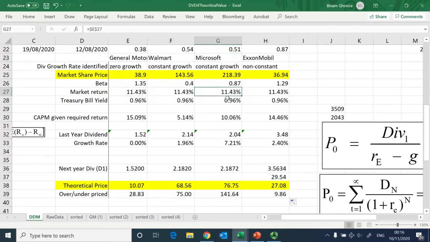So you can make some changes, but this is what is given by the theoretical model here, dividend discounting model, which we used to compute the price of the stock.